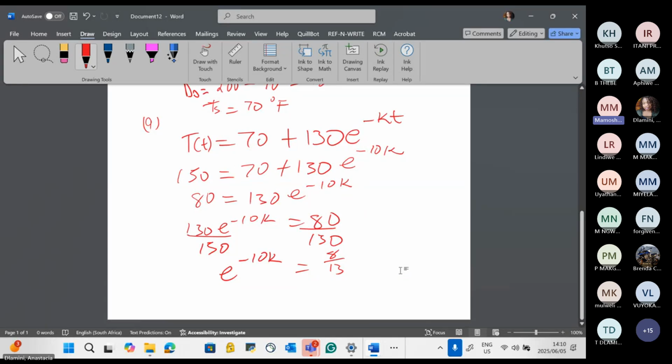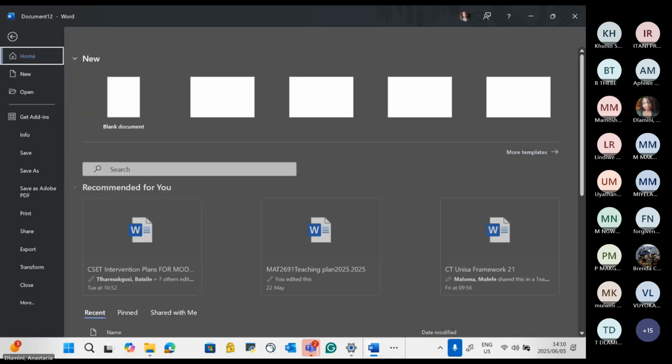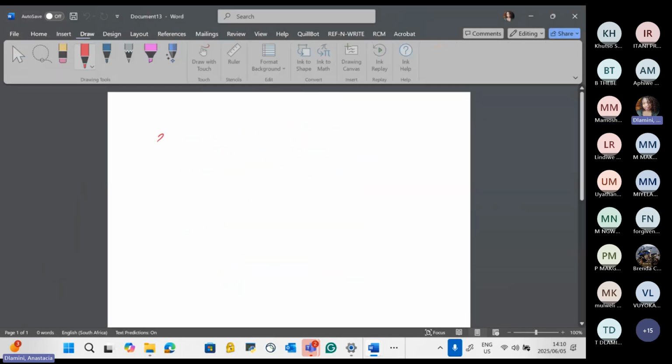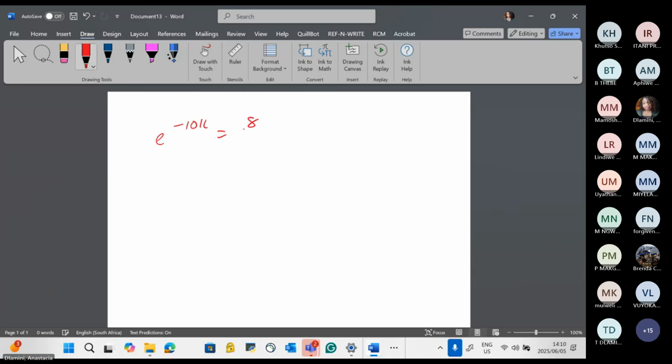Introduce ln to both sides. Like so easy. Negative 10. Then divide k by negative 10.